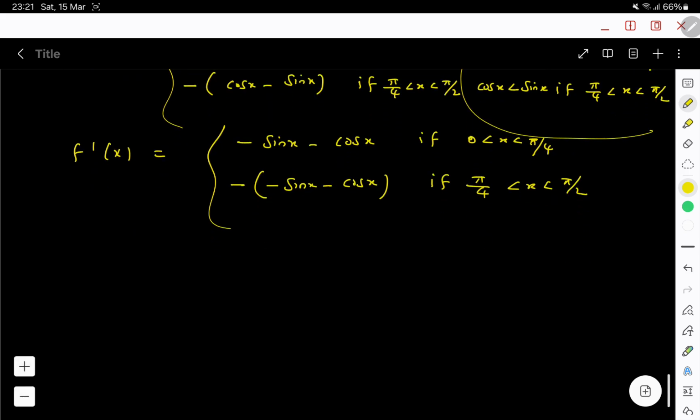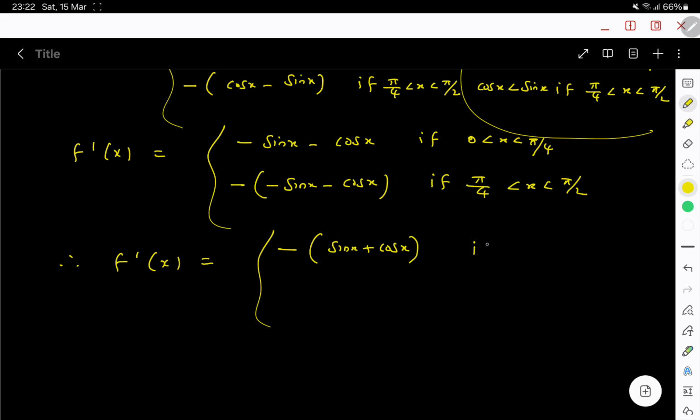Therefore, we write f dash of x is equal to minus of sin x plus cos x, taking minus common, if x is greater than 0 and less than pi by 4. Multiplying the minus inside, we get sin x plus cos x, if x is greater than pi by 4 and less than pi by 2.